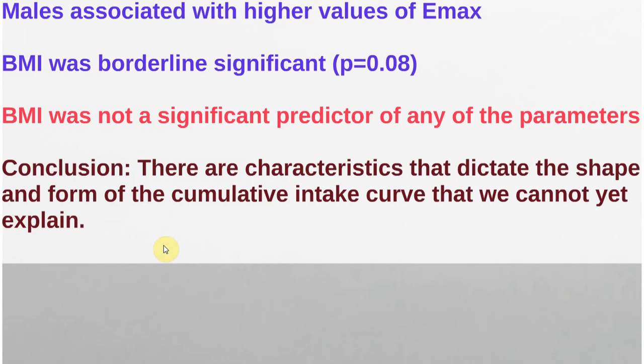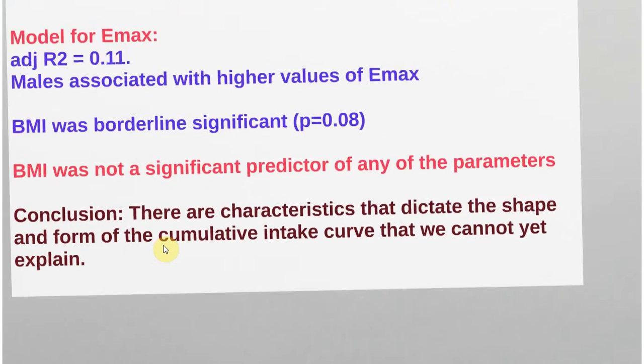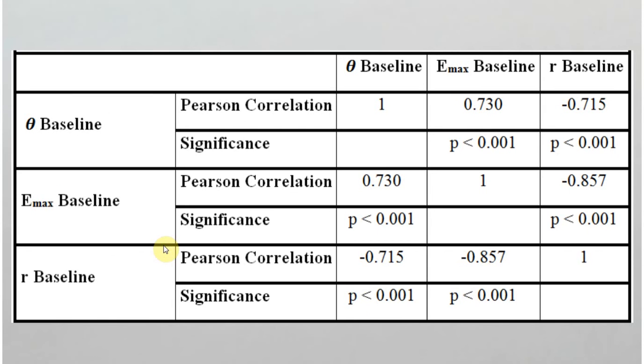So the end conclusion is we need to dig more. It's not just something very simple that explains the shape and the form of the cumulative intake curve. There's still something out there to understand. Are these values related to each other? For example, if I eat really fast at the beginning, does it affect how much I can maximally consume?